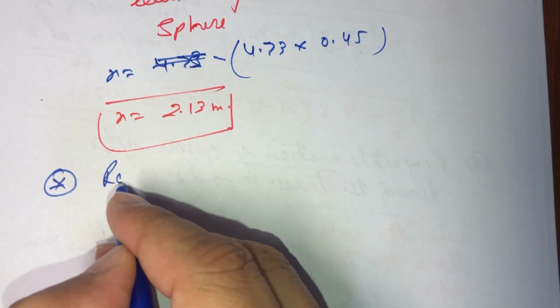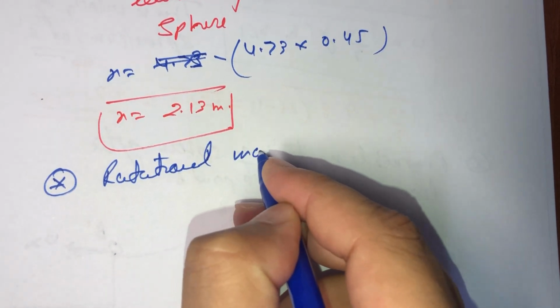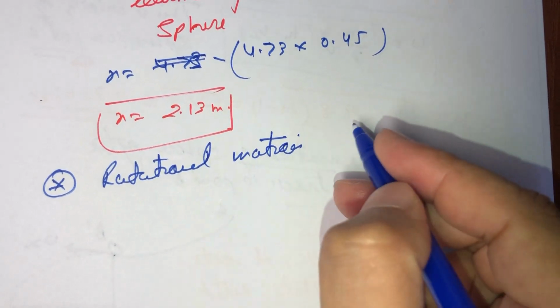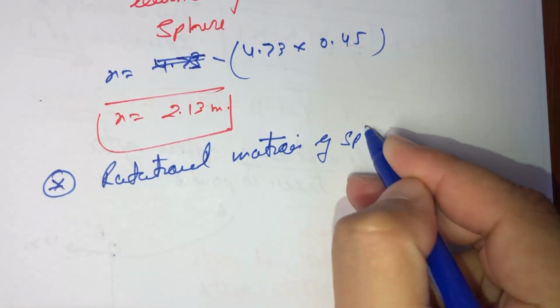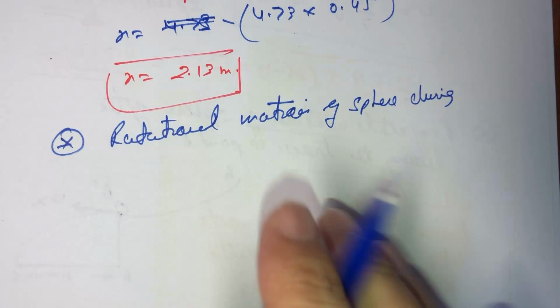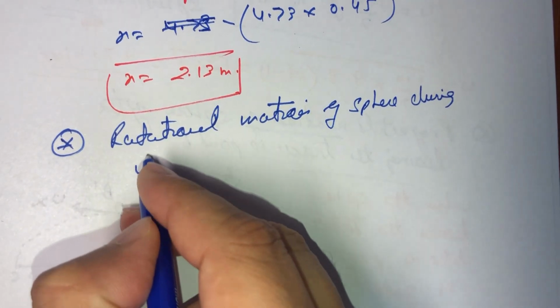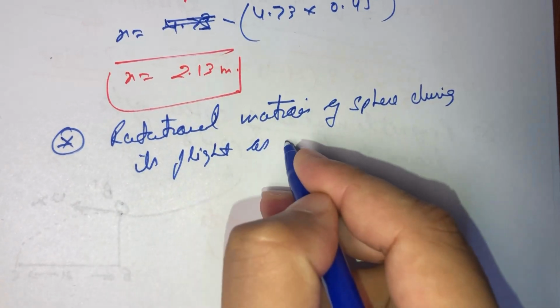You can say rotational motion of the sphere during its flight as a projectile.